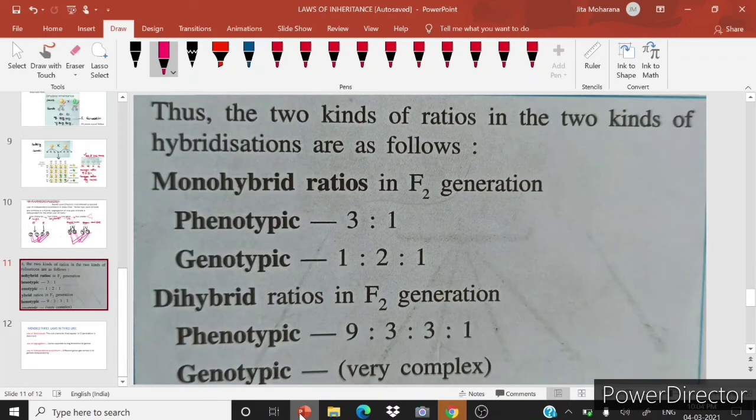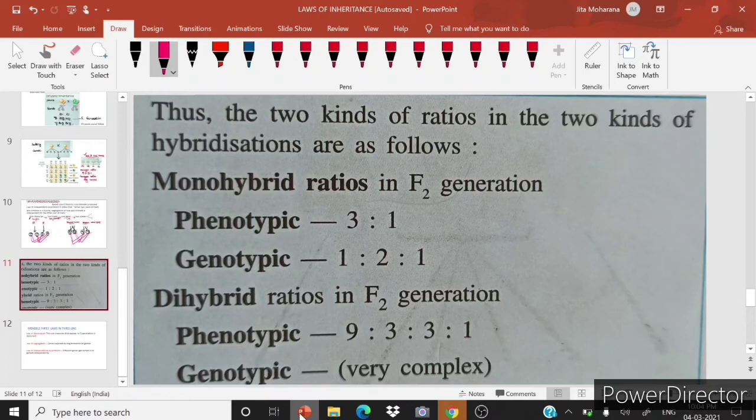Next, let's summarize the two kinds of ratios in two kinds of hybridization, because most of the time questions come from this part. In monohybrid ratios in the F2 generation, the phenotypic ratio is 3:1 and the genotypic ratio is 1:2:1.